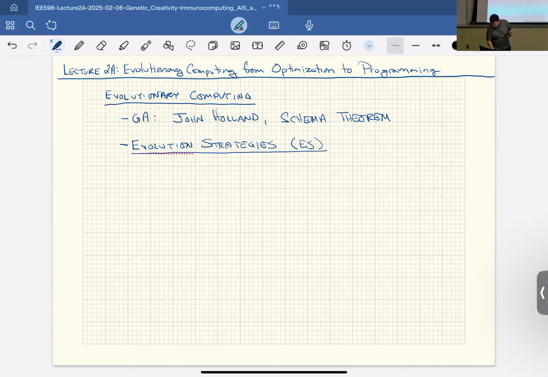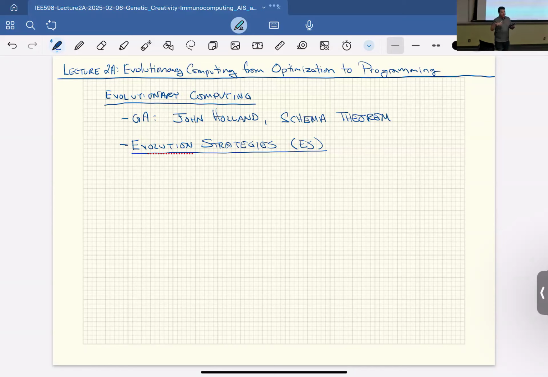And so evolution strategies, there are people like Ingo Rechenberg, for example, Hans-Paul Schwefel, that were in that first group that developed these. They were developed independently, but don't think of them as an alternative. It's not like they were meant to be an alternative.